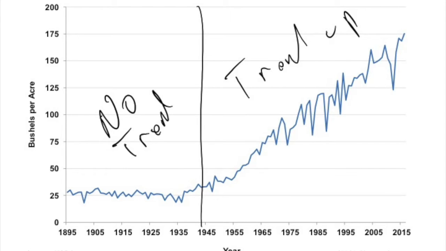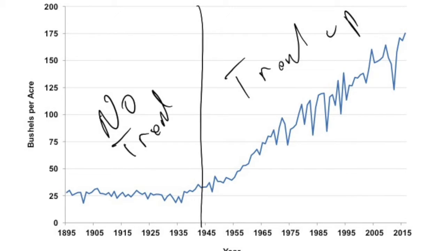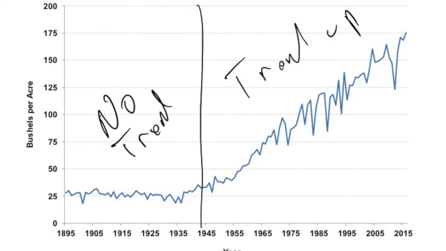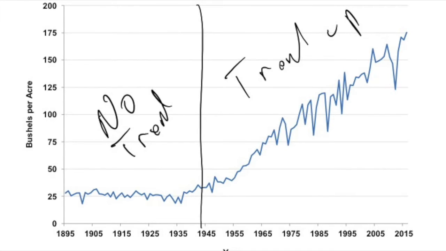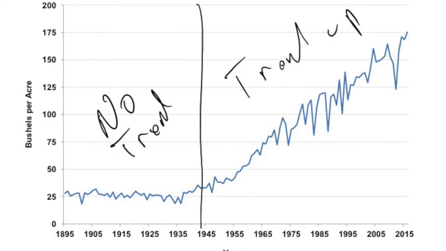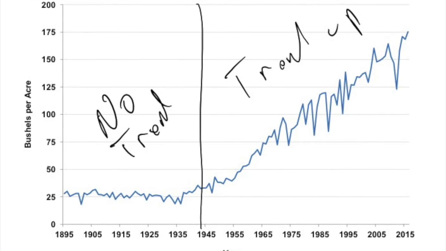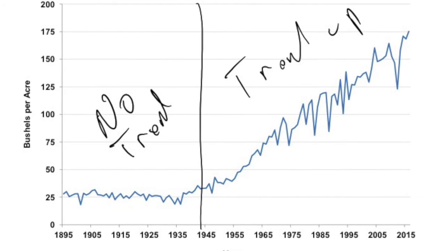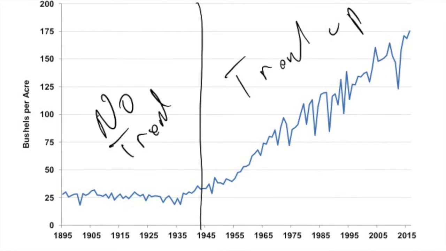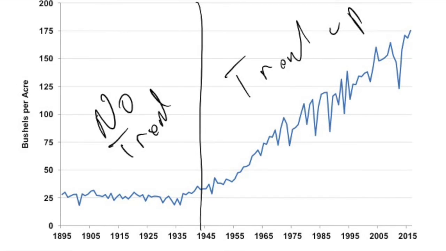The other item that's very evident from this graph is two distinct periods. One with no trend, and that no-trend period happened prior to the 1940s and lasted from 1895, when we first had data, until the 1940s. During that period, corn yields did not trend up or down.